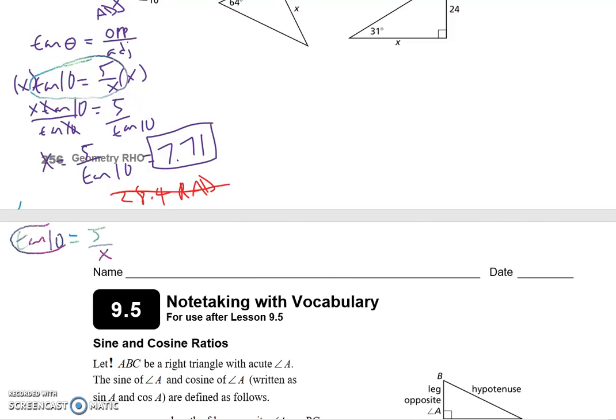One thing you can just do is swap these two. That's the shortcut. This is only when x is on the bottom. So you have x equals 5 over tangent 10, and that's what we had right here. So I'll be using that shortcut from now on, but just know that you can do that.